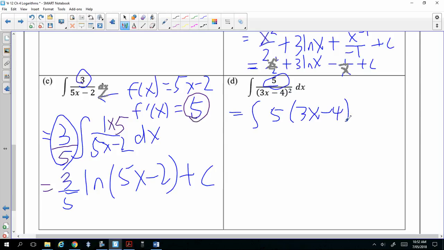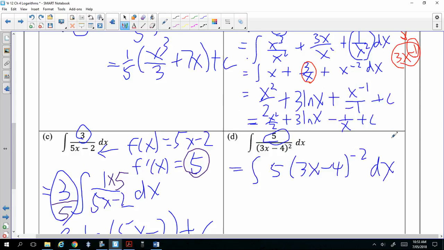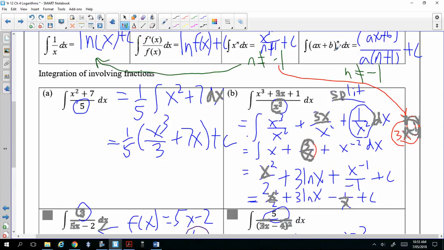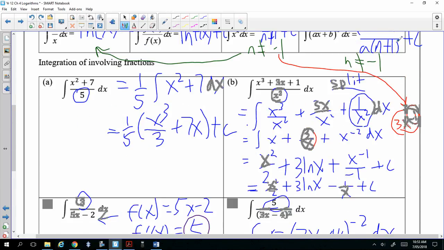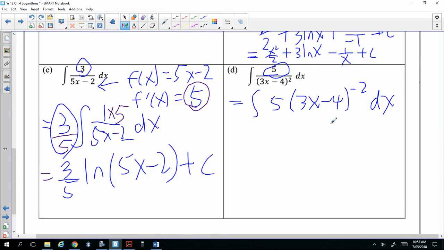Okay? And then I'm allowed to use this rule that I wrote over here. This rule is allowed: ax plus b. So you write 5 bracket 3x minus 4 to the power negative 1 over negative 1, but remember to multiply by a. A is this number here, which is 3 times negative 1, plus c.